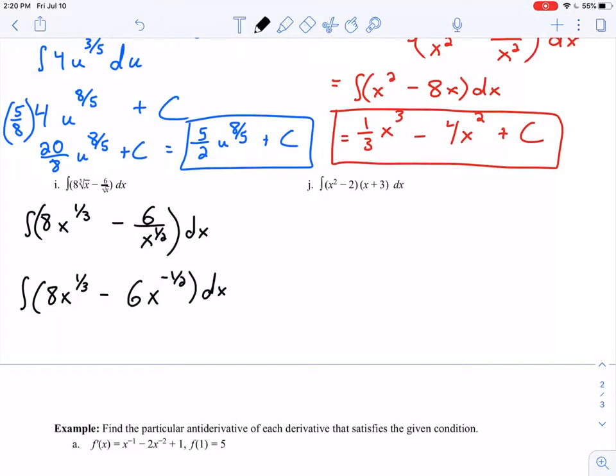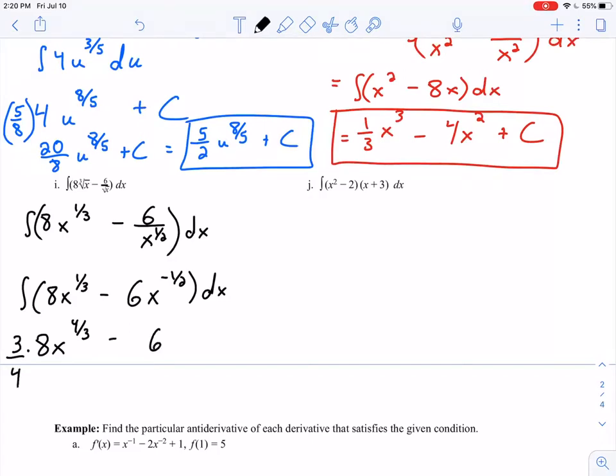And now we can go ahead and use our power rule. So 8x, I'm really adding 1, which is the same as 3 over 3. So 3 over 3 plus 1 over 3, I'm going to have 4 over 3. And rather than divide by 4/3, I'm going to go ahead and multiply by the reciprocal of 3/4.